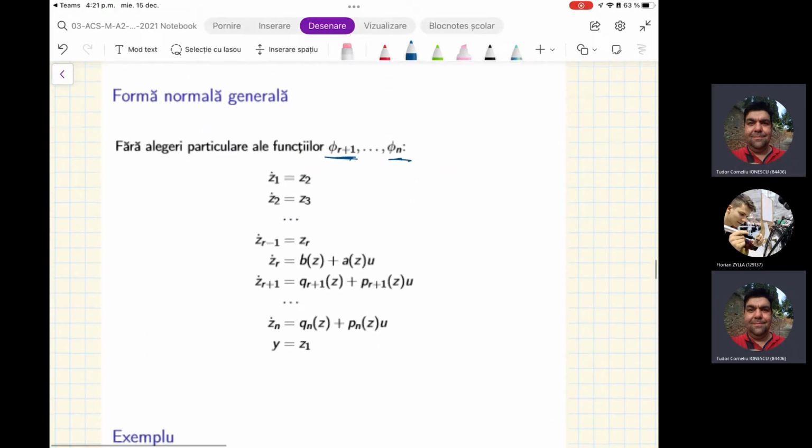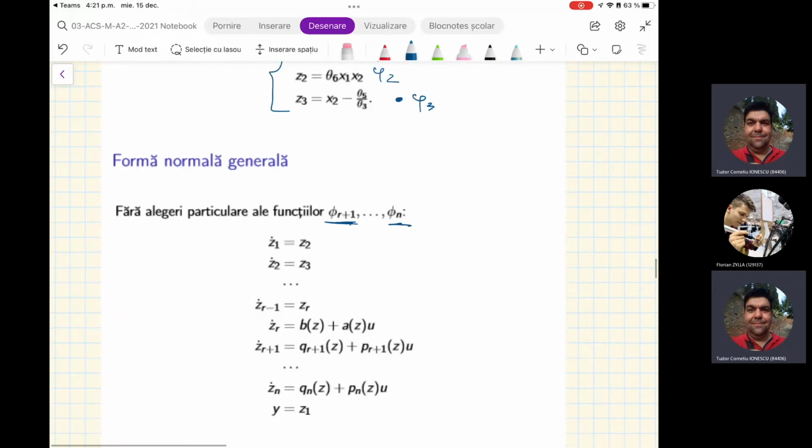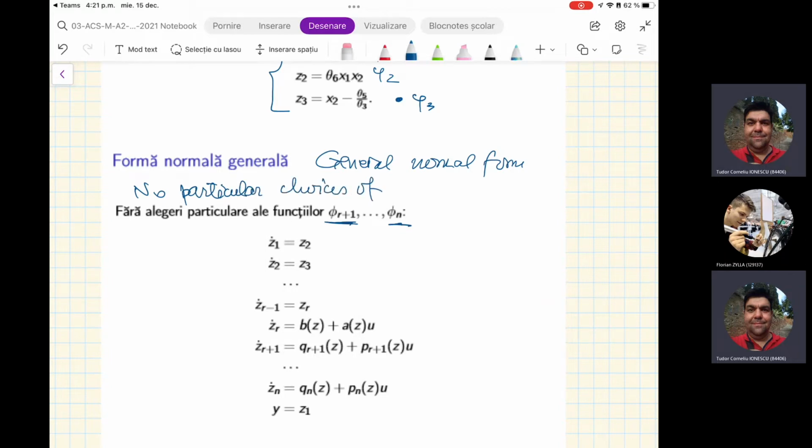Now, the general normal form, with no particular choices of the functions phi r plus 1 to phi n.